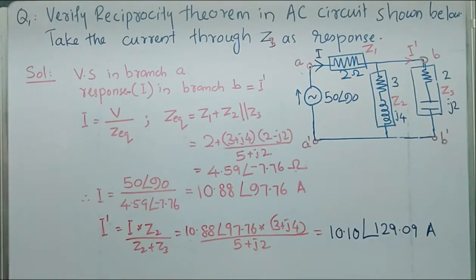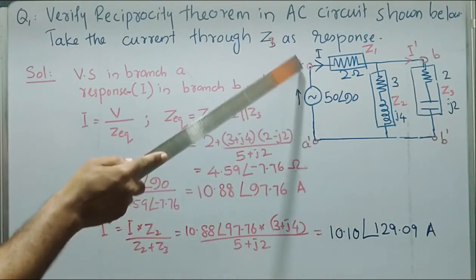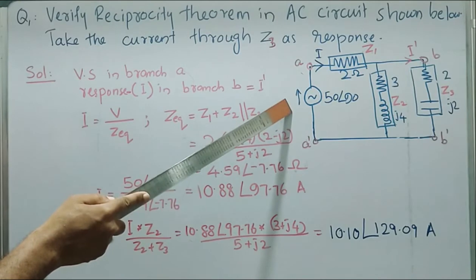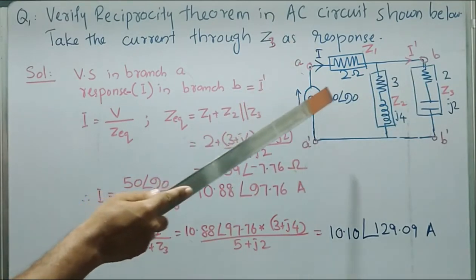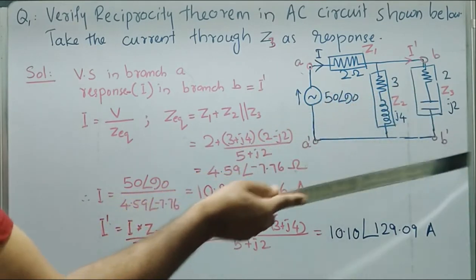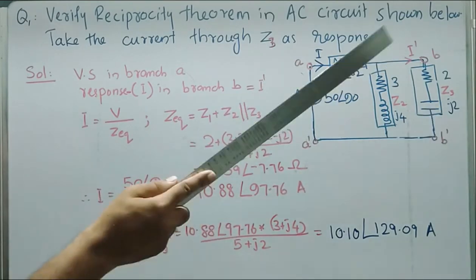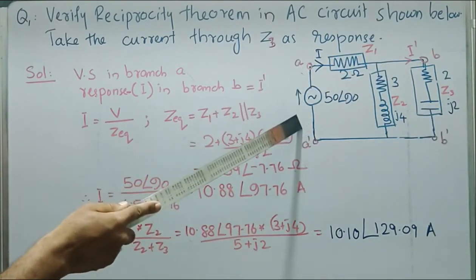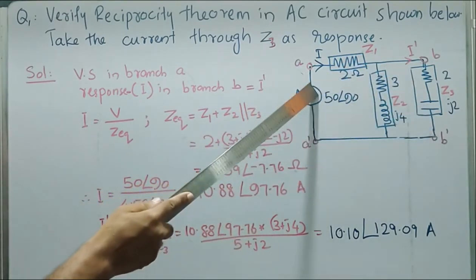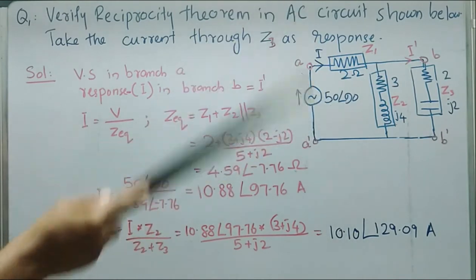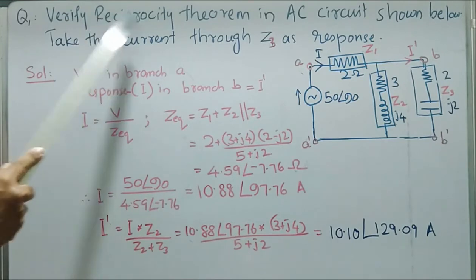129.09 ampere. In next case, we need to remove this voltage source from branch A and we need to connect this one in branch B. So by applying this voltage source in branch B, in next case we need to find the current flowing through branch A. If that current through branch A, due to application of this voltage source in branch B, become equal to I dash in this case, we can say that the circuit is satisfying reciprocity theorem.